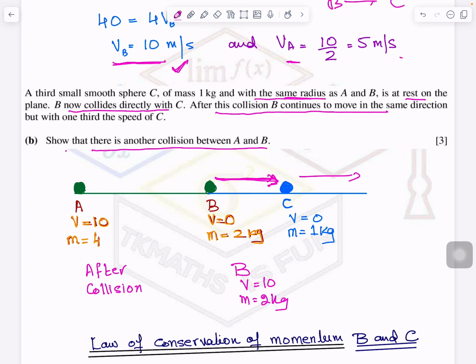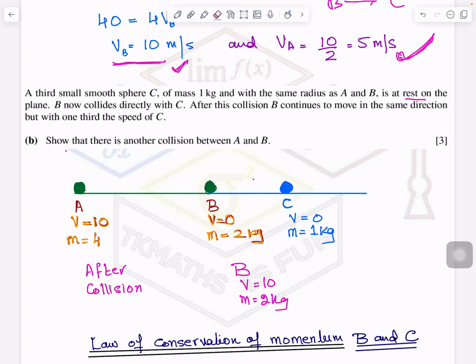To prove that A, which is coming behind it, will collide, it is only possible if the speed of B, which is 10 meters per second, slows down. Slower than what? The velocity of A after the hit was 5 meters per second, as we calculated. So when B hits C, if its speed is slower than 5 meters per second, then A and B will collide again. This is what we have to prove. When a question comes, you have to understand what is required and how you can prove it.